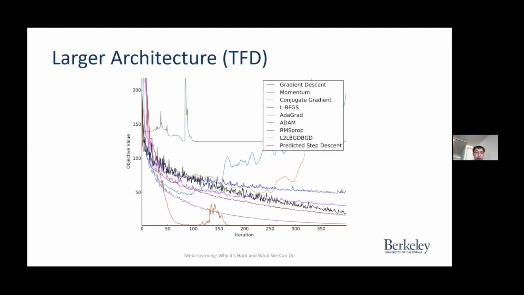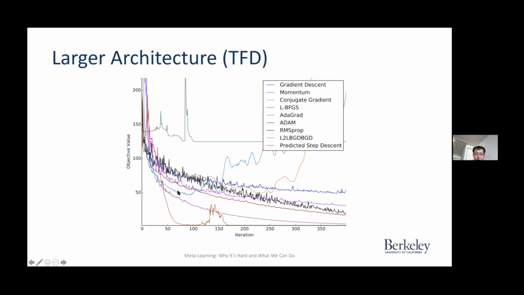This is an example where we took the optimizer that is trained on the problem of training on MNIST and applied it to the problem of training on Toronto faces. The red curve here is our method.